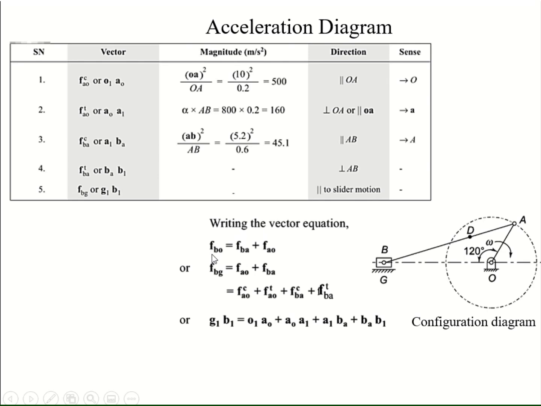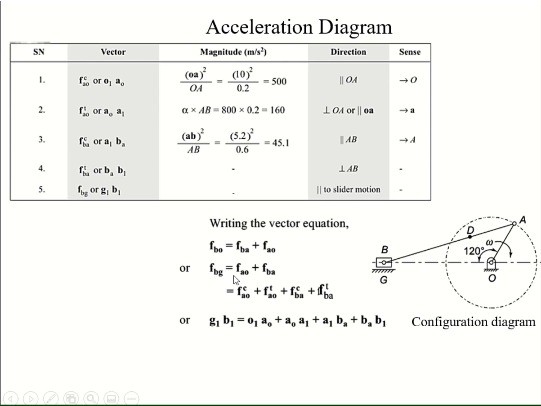The acceleration of B with respect to O, a fixed frame, can be written as f of BO is equal to f of BA plus f of AO. The same expression can be written another way, as f of BG, because O and G are a part of the same fixed frame. That is why we can replace f of BO by f of BG.